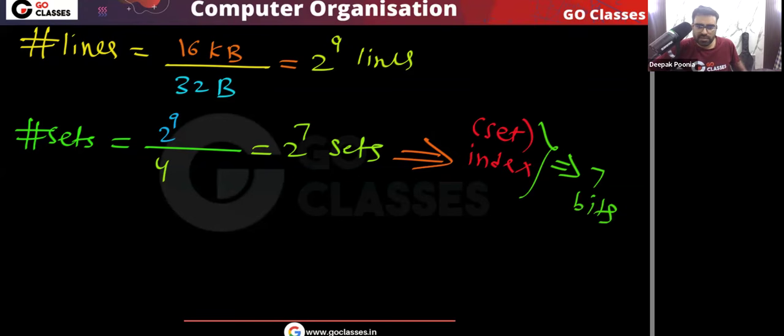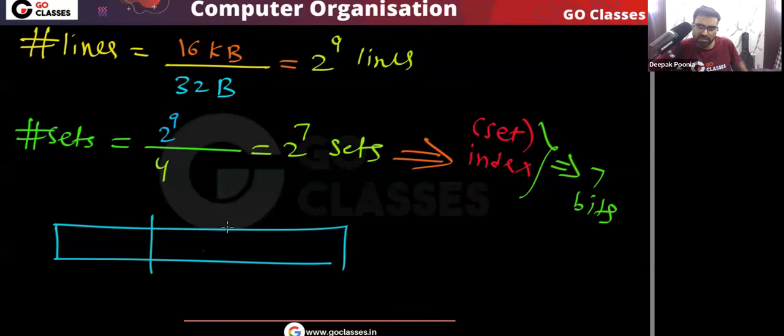Next, you can see that the physical address can be divided into 3 parts: tag, index, which means set index in the set associative cache, and the block offset, or byte offset. Now tell me, for block offset how many bits do we need?